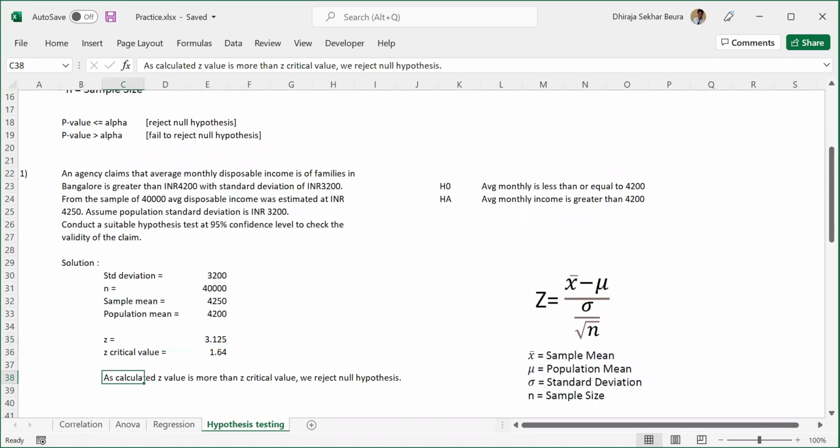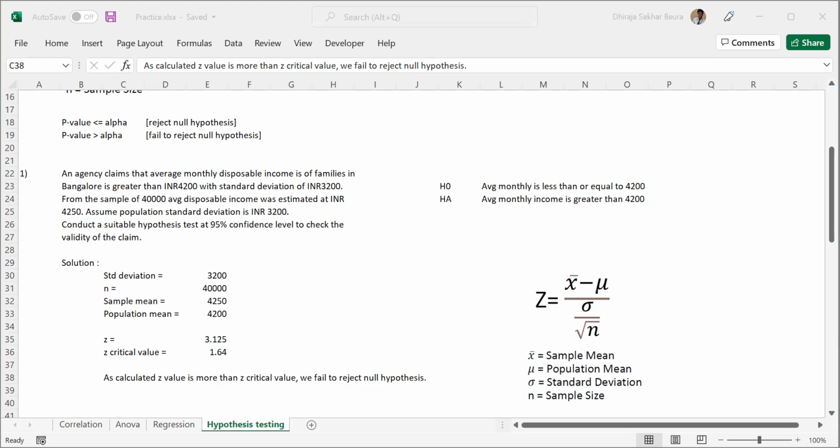Correct? When Z value is greater than Z critical, we are rejecting the null hypothesis. Are we rejecting or have we failed? No, rejecting. When Z is greater than Z critical, we are rejecting. No, we fail to reject, right? No, one second. No. When Z is greater than Z critical value, we are rejecting the null hypothesis.